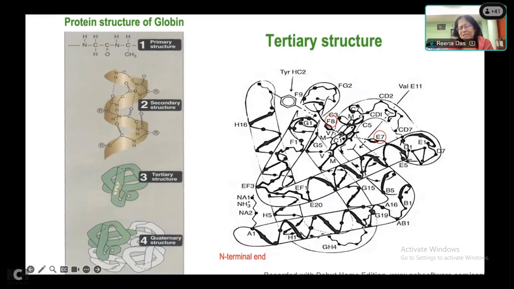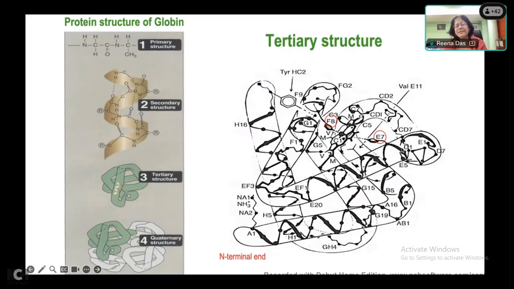And you will have some junctures where you will find something like FG here. You will find that some of the turns are not acute angle turns, but a little close angle turn. Some of the molecules which are very important, I've marked in red here, the F8 and E7.